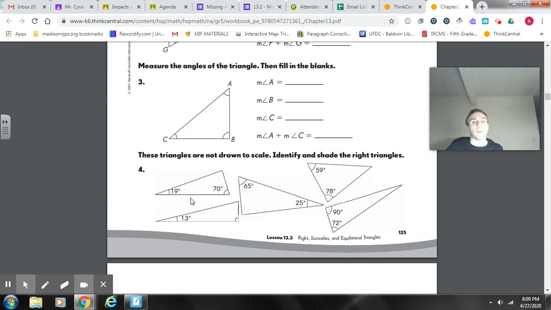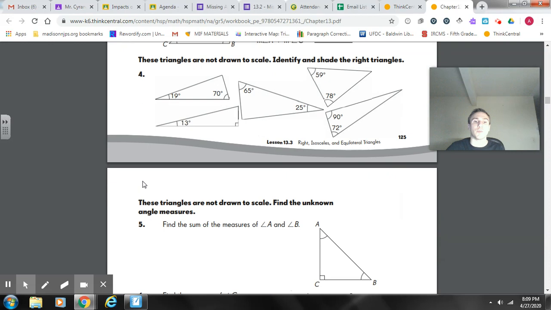Okay, so you need to think about that. If I see a right angle box, which I only see on this one right here, then that triangle should be pretty easy to identify whether or not it's a right angle or not. You might have to add up the angles and subtract from 180 to see if there's any way that there's a right angle there. Also, check out those angle measures very carefully.